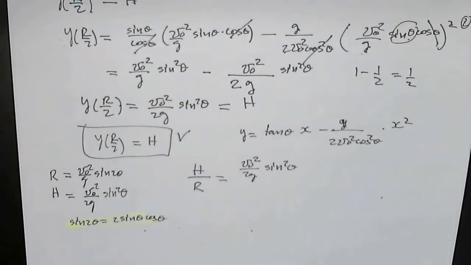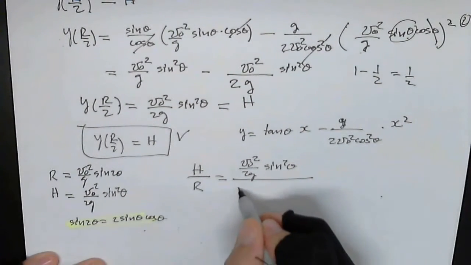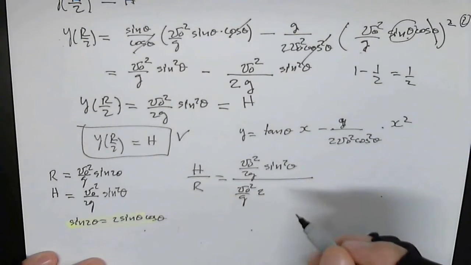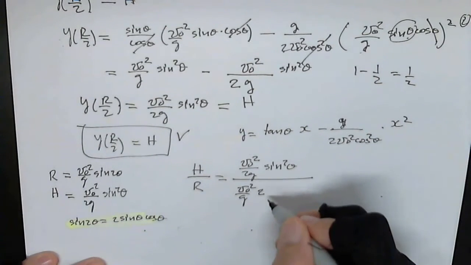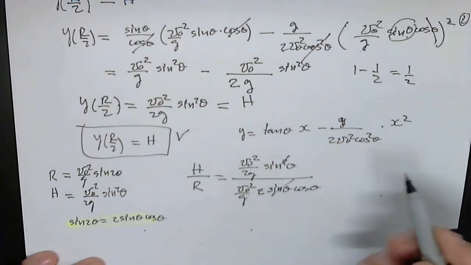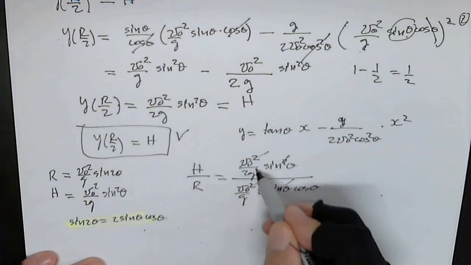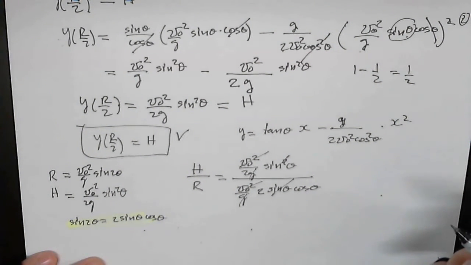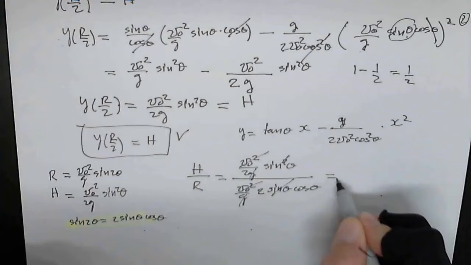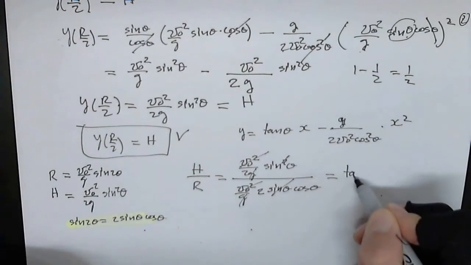Okay, so it is v naught squared over g times 2 sine cosine. So one sine cancels, this cancels, this cancels, and the 2 cancels as well. So sine over cosine is tangent of theta.